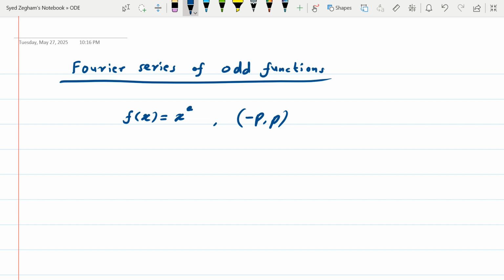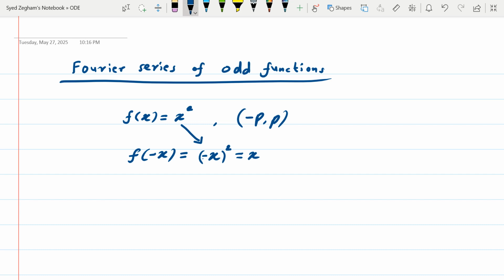So what will be f of minus x? If you see, when you replace this x by minus x, what will you get? Minus x whole square, that is again x square, right?